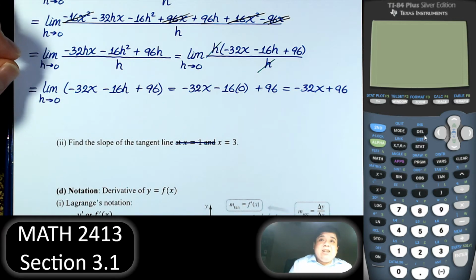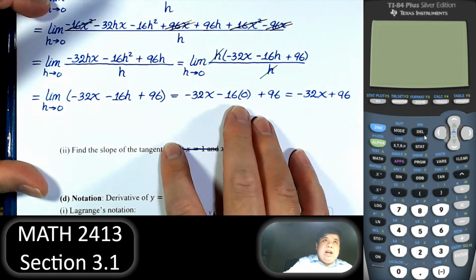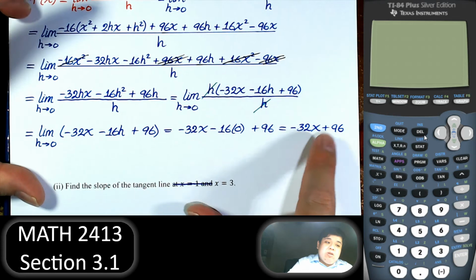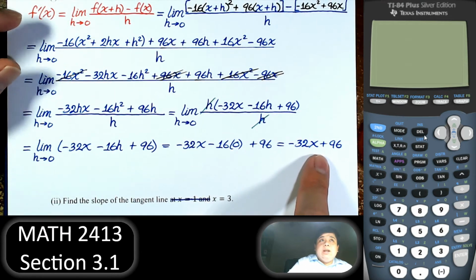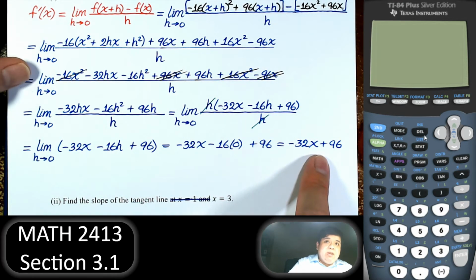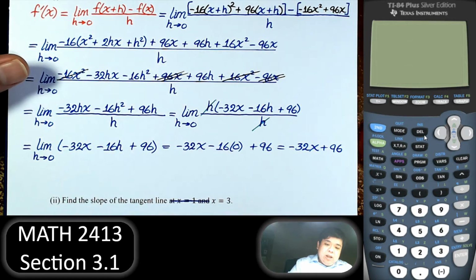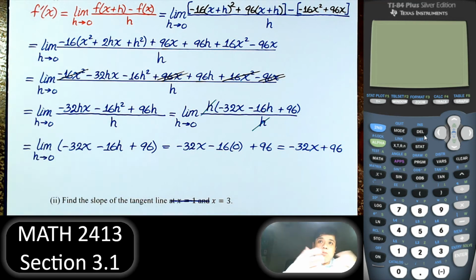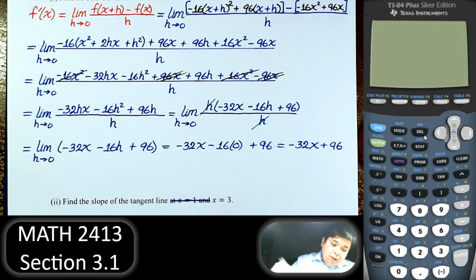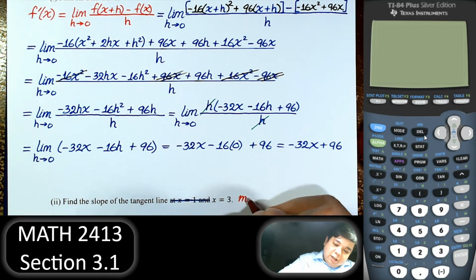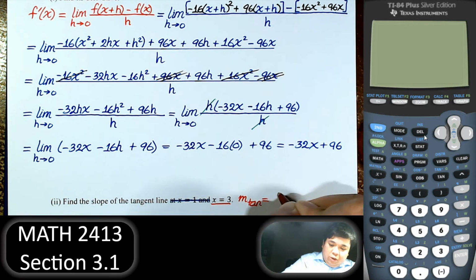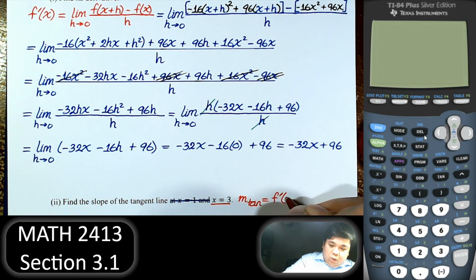Now, the nice thing about this is we don't have to do all of this again. We already have the function for the slope, which we call the derivative. So if we want it at x equal to 3, all we do is put in 3. The tangent at x equal to 3 is the derivative when x equals 3.